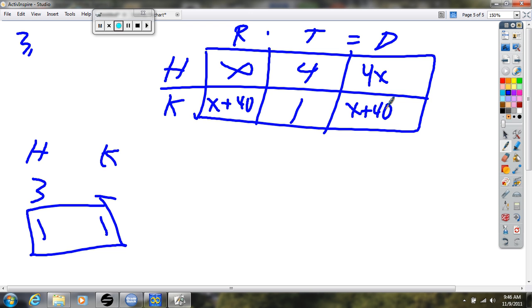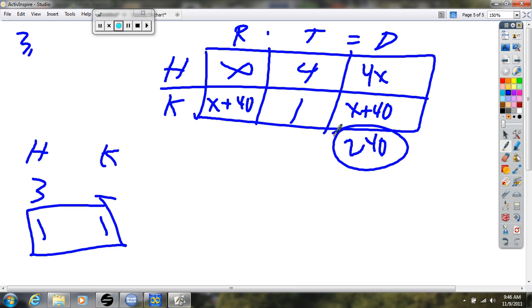They're 240 miles apart, right? Where does the 240 go? It goes on distance, but it's the total that goes down here. All right, as soon as you put this down here, what does that tell you about an equation? What equation are we going to use? How do I get 240?